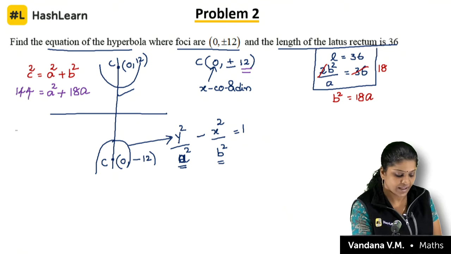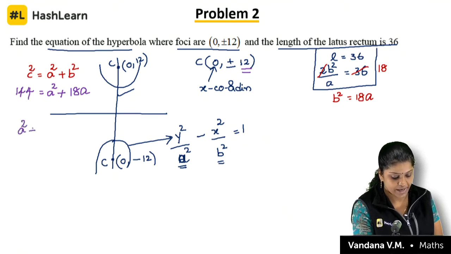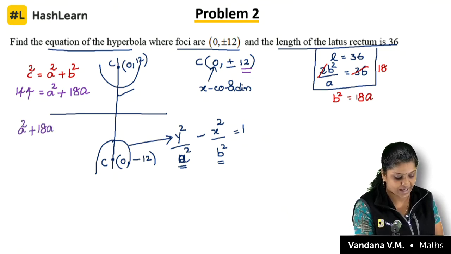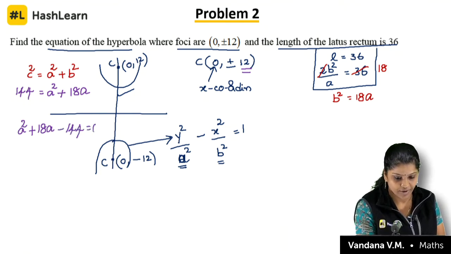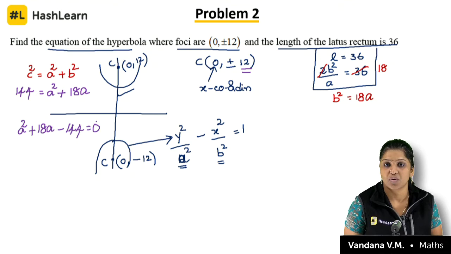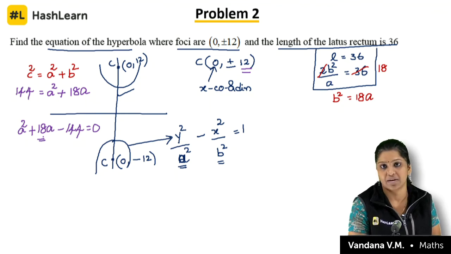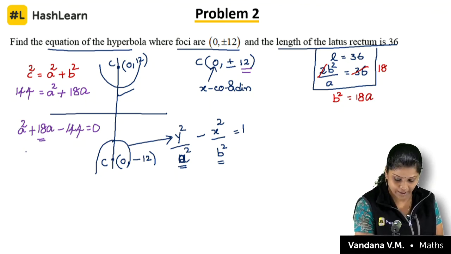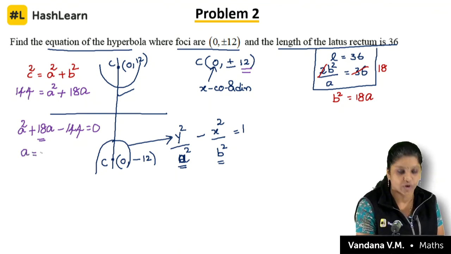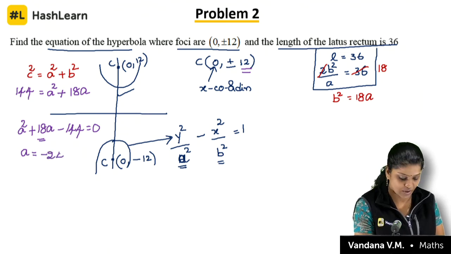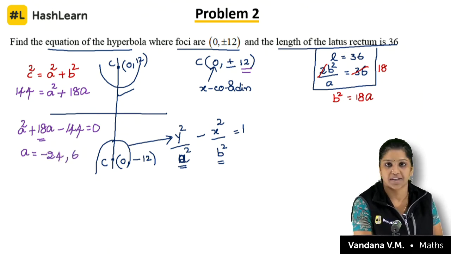Bring it to one side. So, this gives you a quadratic equation: a square plus 18a minus 144 is equal to 0. You know how to solve the quadratic equation. If you multiply, you should get 144. If you add, you should get 18. So, if you solve like that, you will get the values for a as minus 24 and 6.